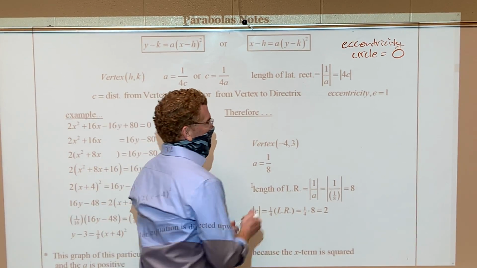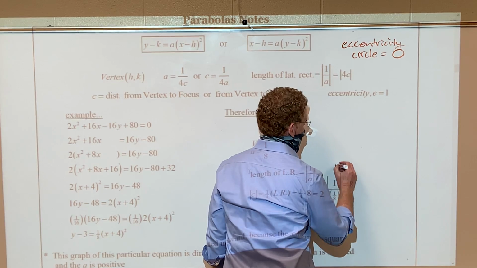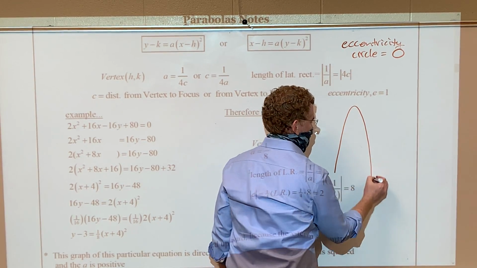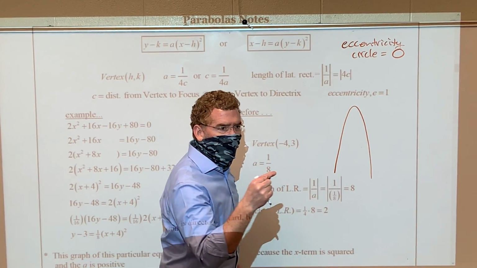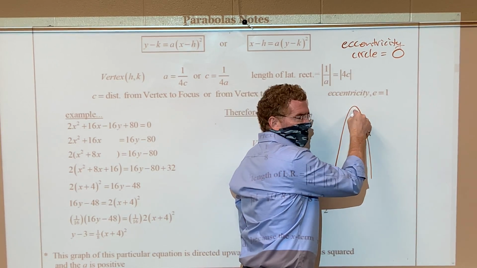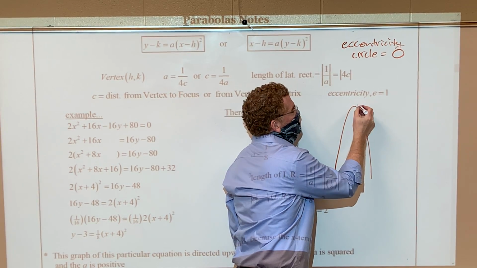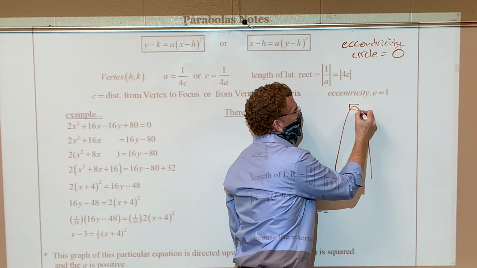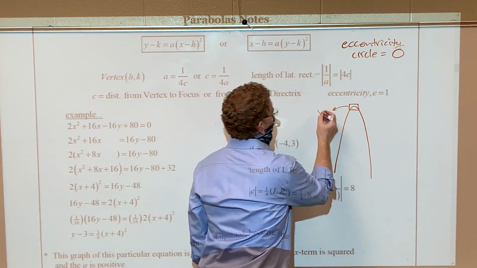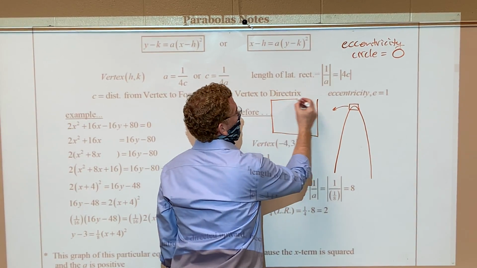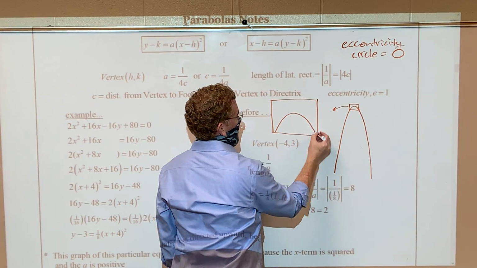Keep this in mind. Even if I have a really steep parabola, are you with me? What happens if I start zooming in right here? If I zoom in right here, and then take that and blow it up, what do I see? A wider one.